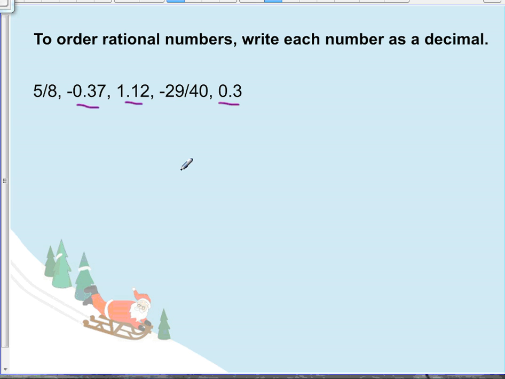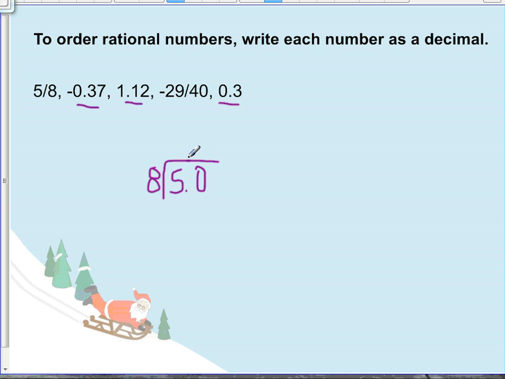Well, what you learned yesterday is in order to turn 5/8 into a decimal, we have to divide them. The numerator always goes on the inside, denominator always goes on the outside.